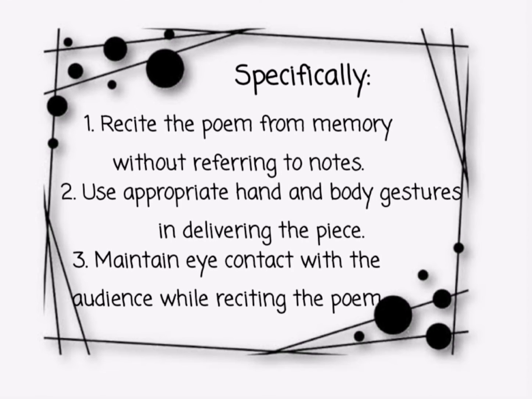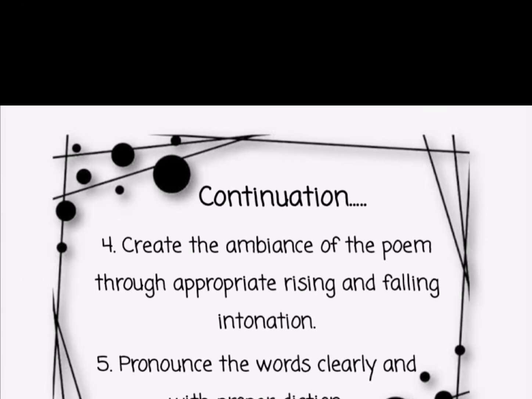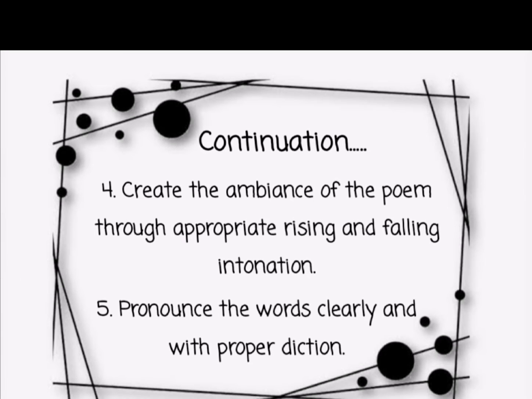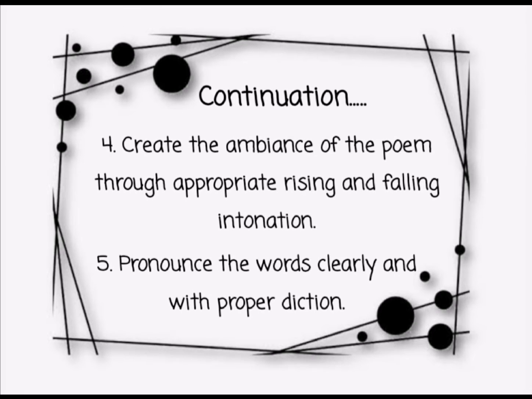The second one is use appropriate hand and body gestures in delivering the piece. The third one is maintain eye contact with the audience while reciting the poem. The other one is create the ambience of the poem through appropriate rising and falling intonation. And the last one is pronounce the words clearly and with proper diction.